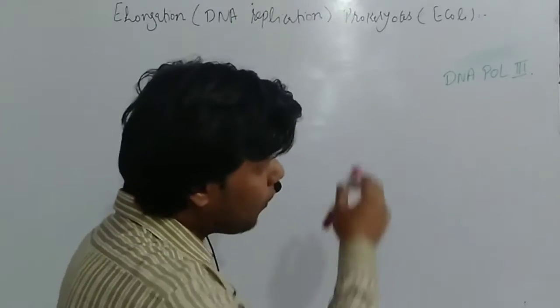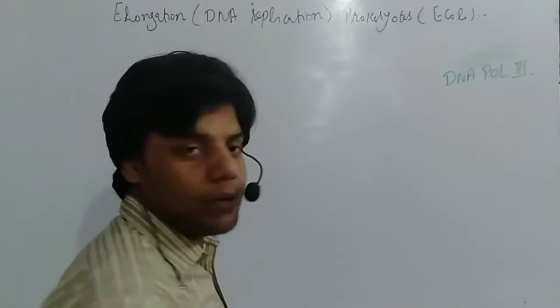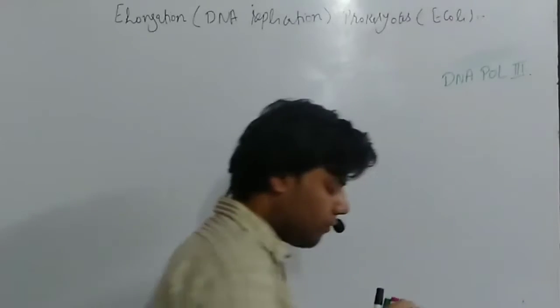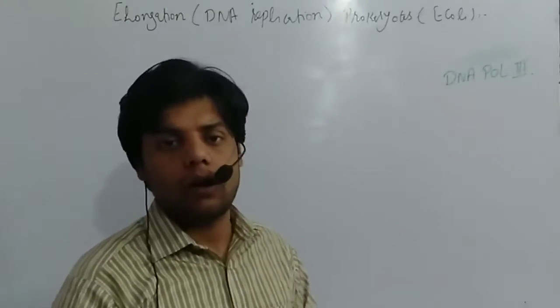Now let me draw a simple structure of DNA polymerase, and then we will explain how elongation actually happens. DNA polymerase has two subunits, which we call the beta clamp and the clamp loader.